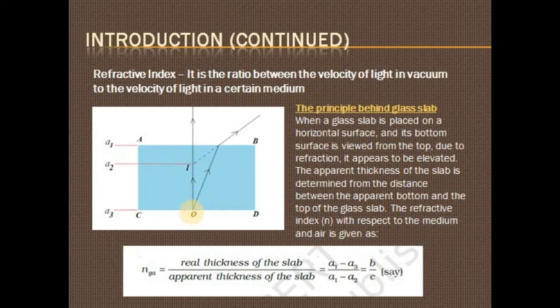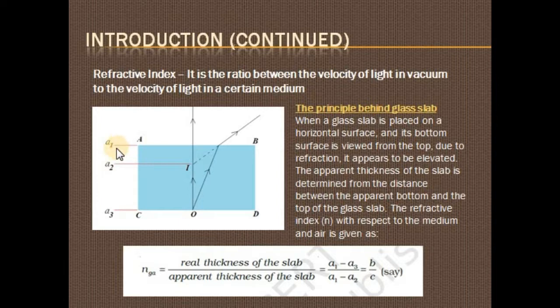So if you view the object through this direction, you will find that the object O is lifted to the position I. This position I will be the apparent position of the object O. So for an observer, the thickness of the glass slab will be reduced by this much, that is A2 minus A1, or you can say A1 minus A2.